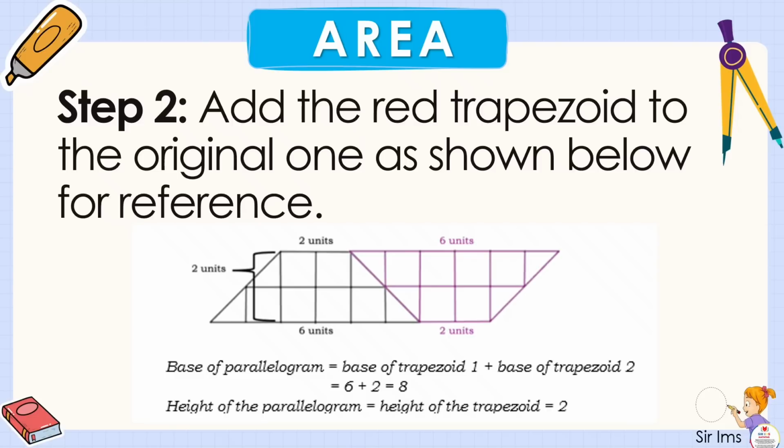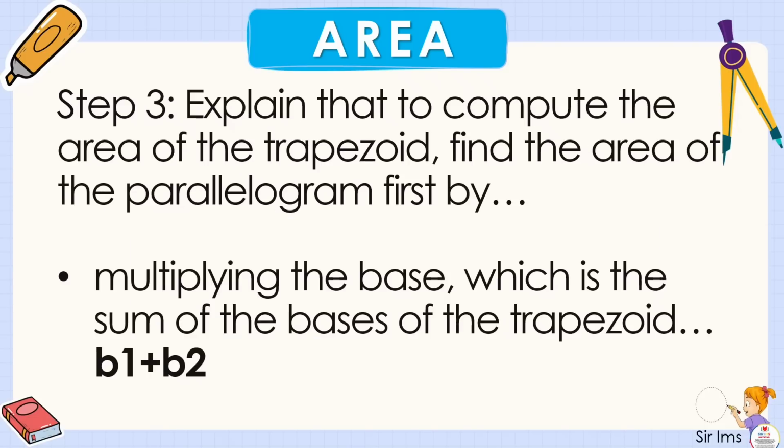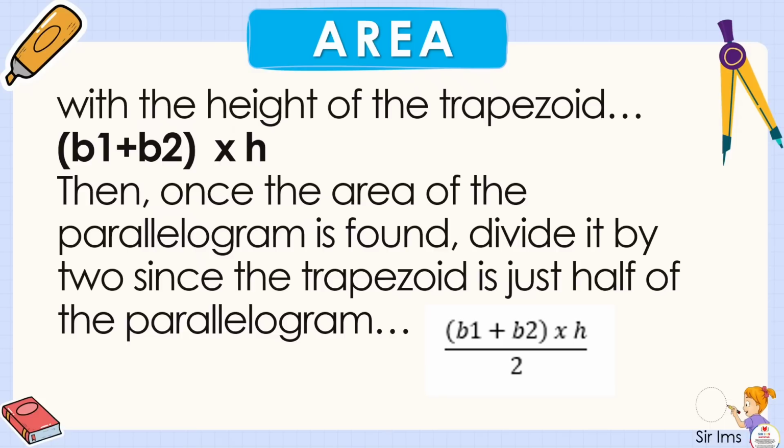So what will happen next? To compute the area of the trapezoid, find the area of the parallelogram first by multiplying the base, which is the sum of the bases of the trapezoid, so which is base 1 plus base 2, with the height of the trapezoid. Ibig sabihin, we're going to add base 1 and base 2, and then multiply to the height of the trapezoid.